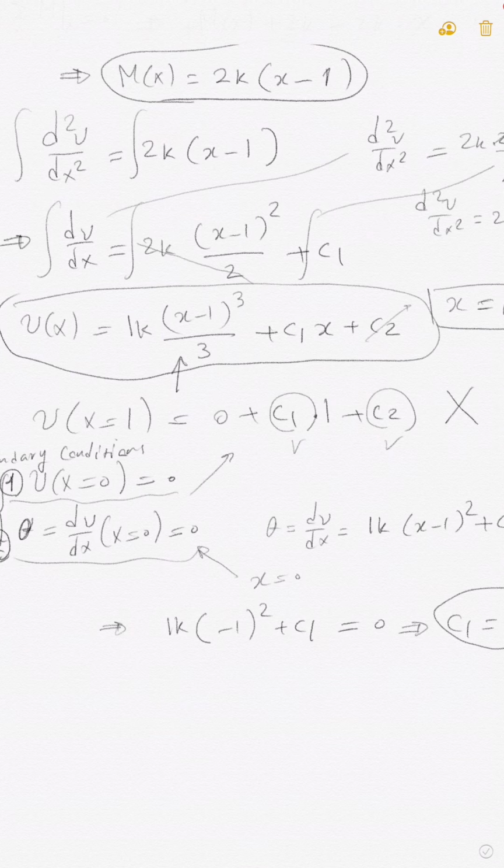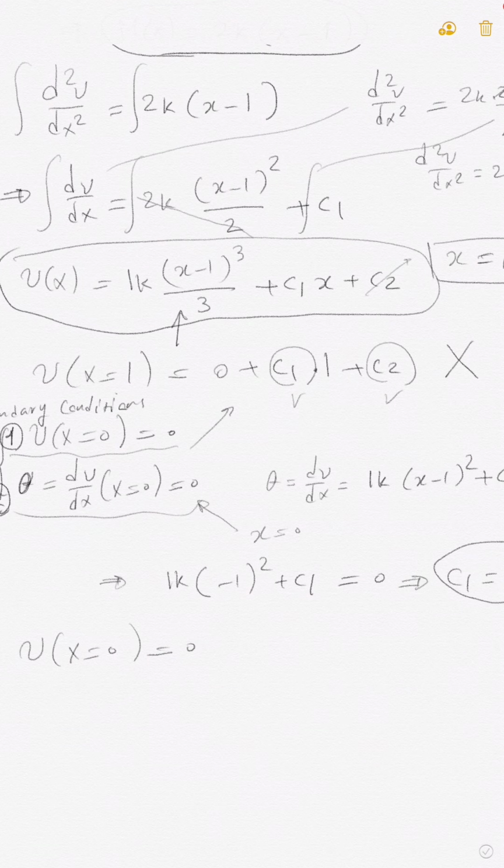What about c2? Apply v at x equal to 0 is equal to 0. Apply this condition, right? So let's go back to the original equation. v at x0 is equal to 1k over 3 times negative 1 cubed, plus c1 times 0, plus c2, is equal to 0, right?